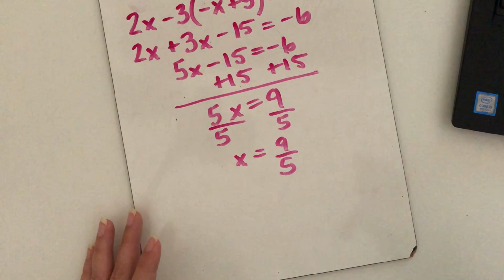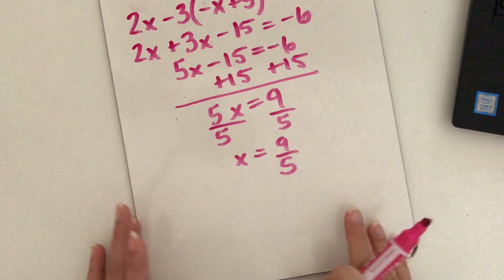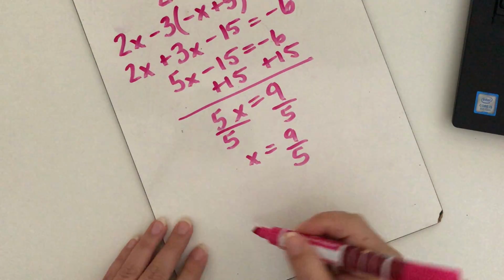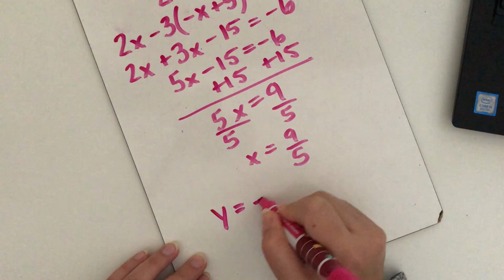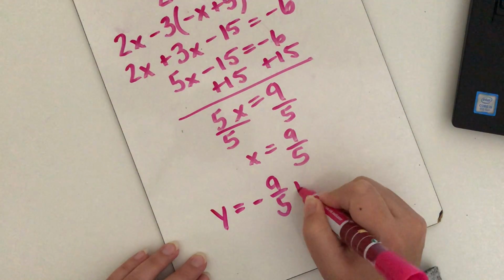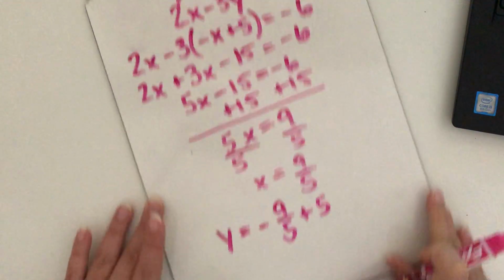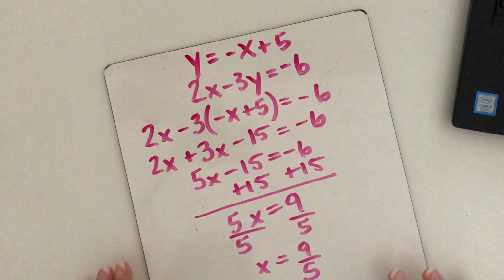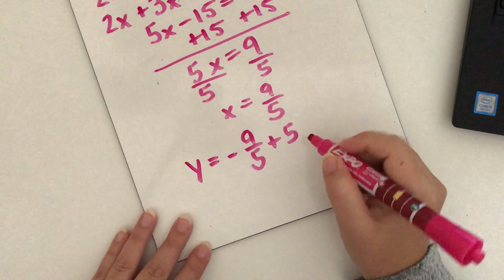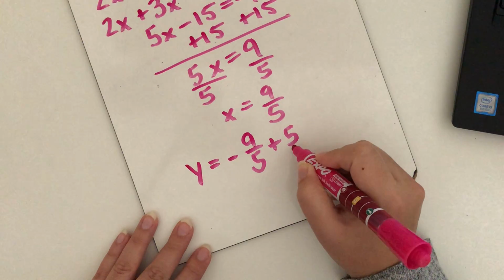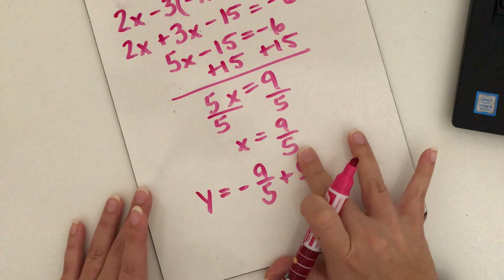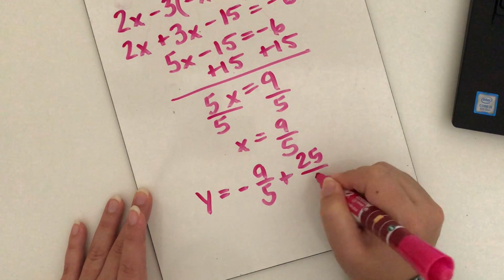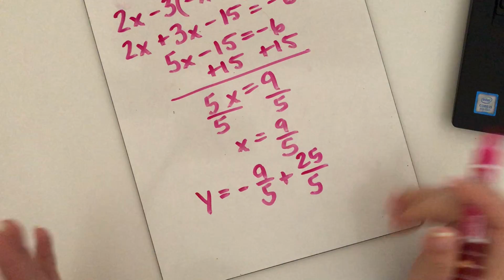Now I'm going to plug that into my other equation. I'm going to actually plug it into this one because it's going to be a lot simpler to do that. So y is equal to -9 over 5 plus 5. Now remember, I put negative here because in my original equation, the x, whatever number it is, is a negative, okay? So when I add these two together, I'm going to put this as 25 over 5, because it's the same thing as 5, right? 25 divided by 5 is 5.